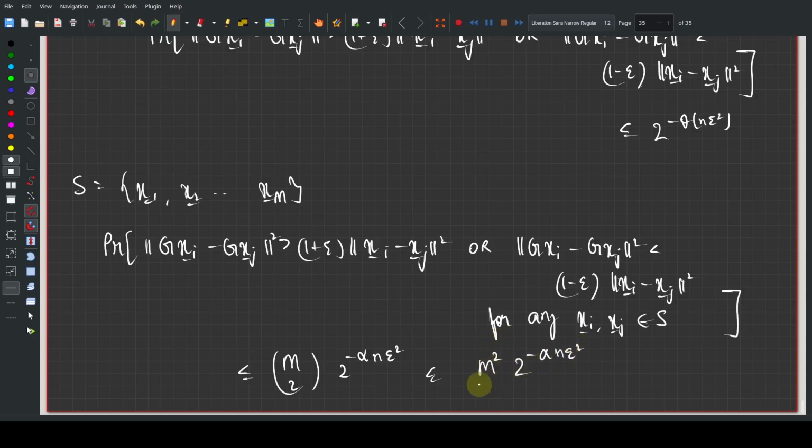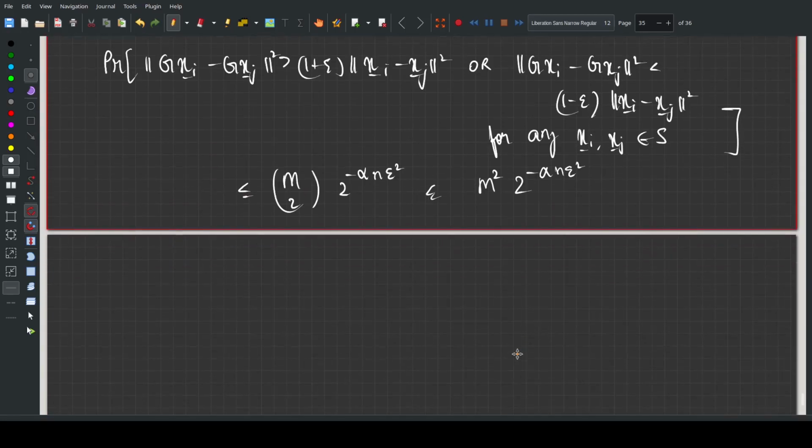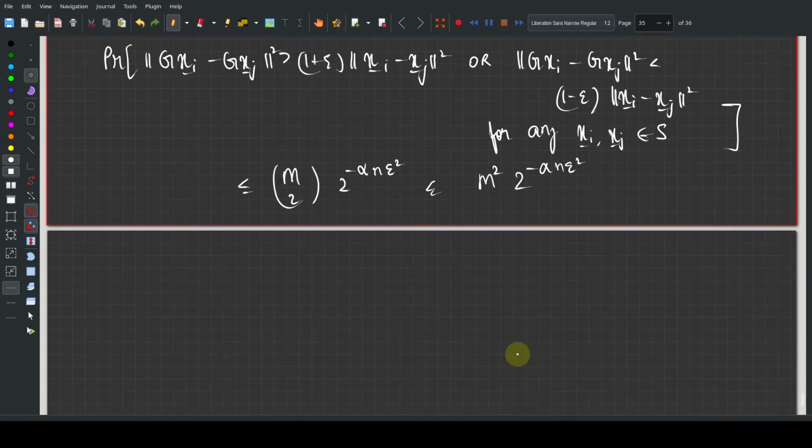Now if I want this probability to be, say, bounded from above by, let's say, half, then how large should n be? Roughly. Log, correct, so log m squared.